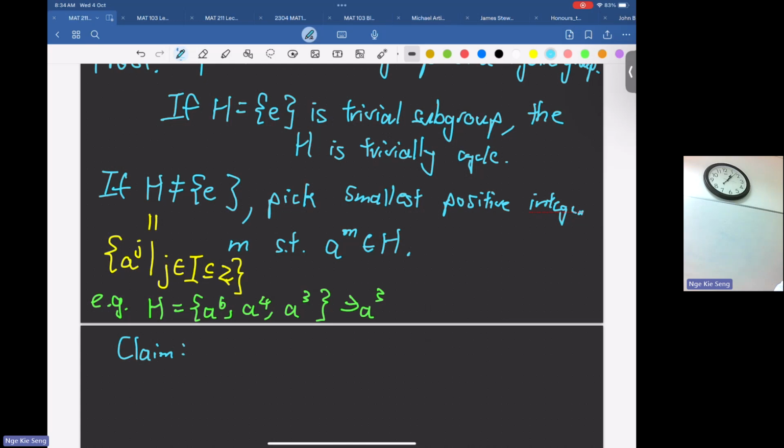We want to claim that C equals AM generates H, which in other words, H equals the group generated by AM. So this is our claim, because we want to prove that it is cyclic.